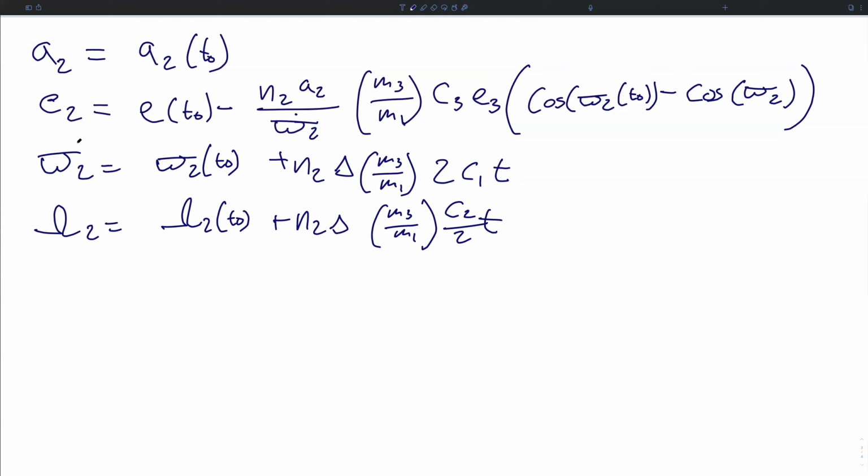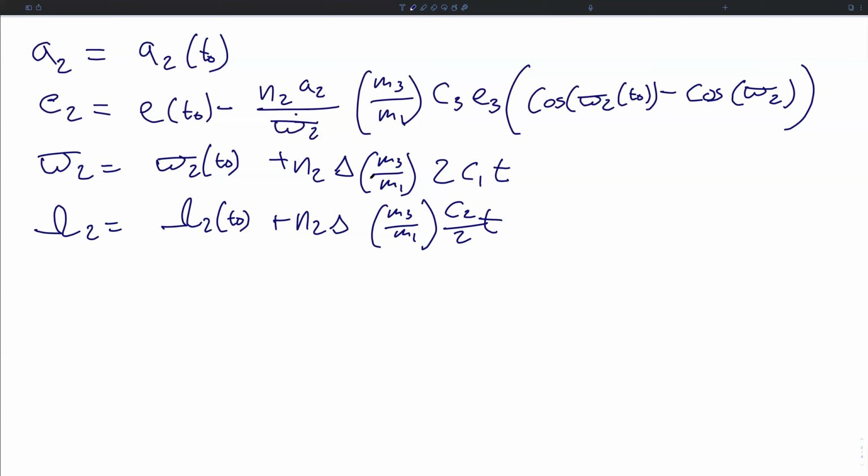Turning now to the longitude of periapsis and the longitude of the ascending node, both of these have very similar forms. They are their initial values plus mean motion times delta, that is the semi-major axis ratio of body 2 to body 3, times the mass ratio of body 3 to body 1, times a function of the coefficients of our disturbing function, 2c1 in this case and c2 over 2 in this case, all times time.